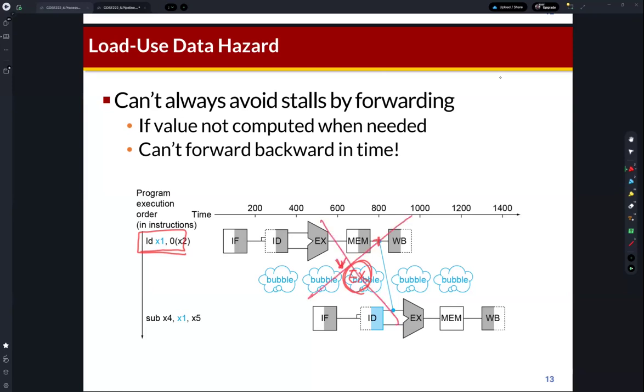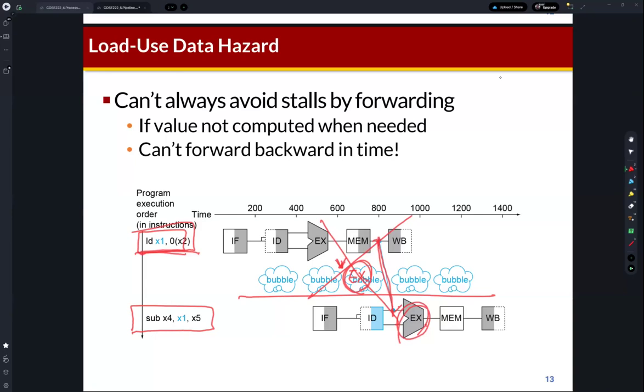If we compare the timing, it's not possible. So if the former instruction is a load instruction, then the following instruction needs to be delayed by 1 clock cycle, and then this data is forwarded to the input of the ALU, right?